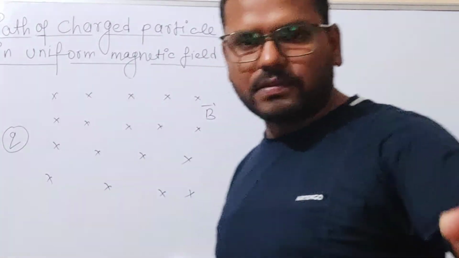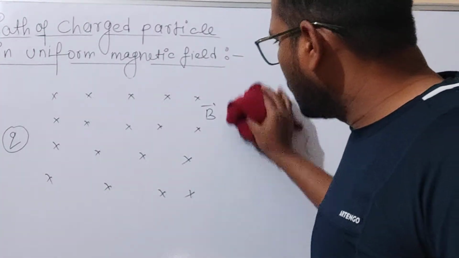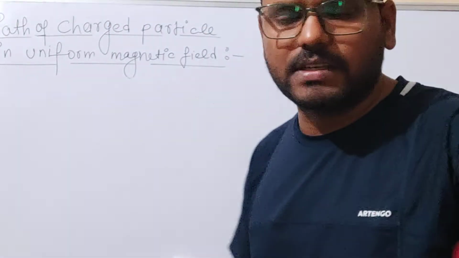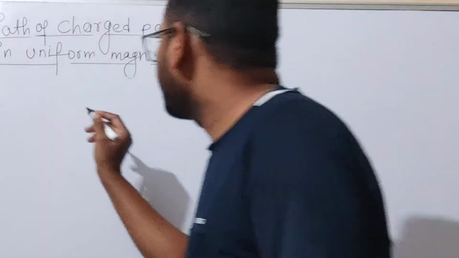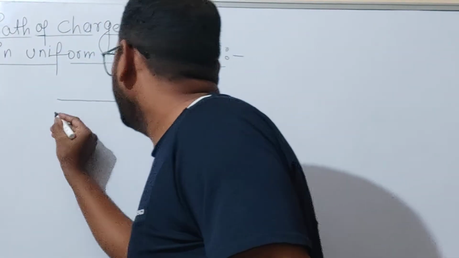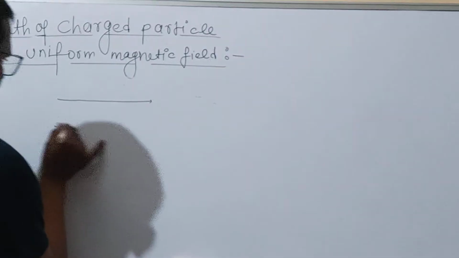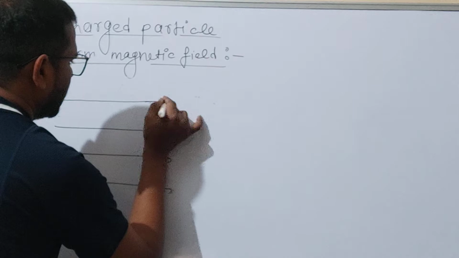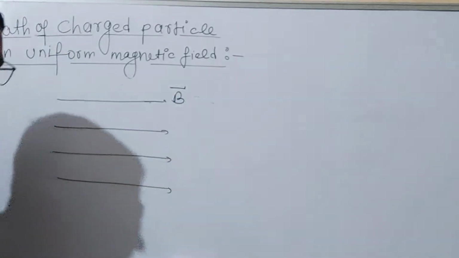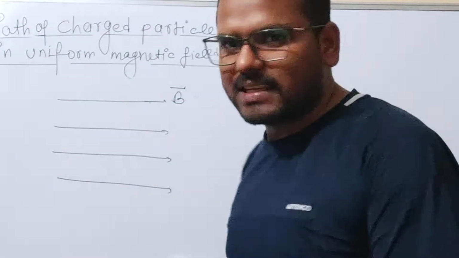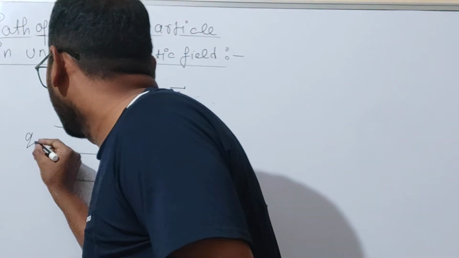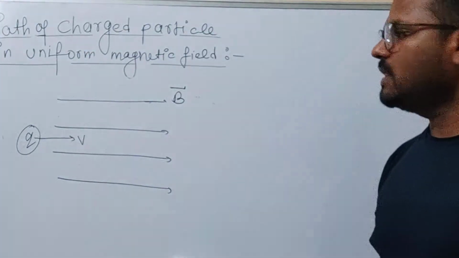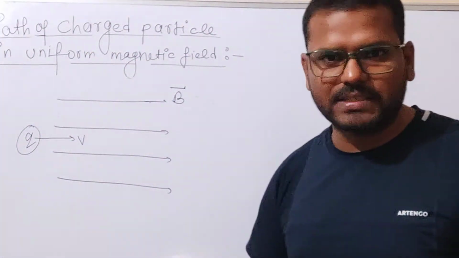To understand this topic easily, I am taking the direction of the magnetic field with the help of an arrow. This is the magnetic field. Now I am taking a charge q moving with velocity v in the direction of the magnetic field.